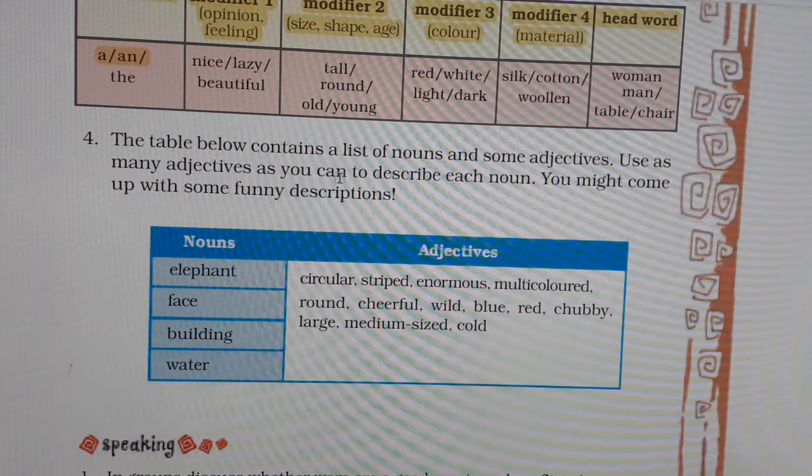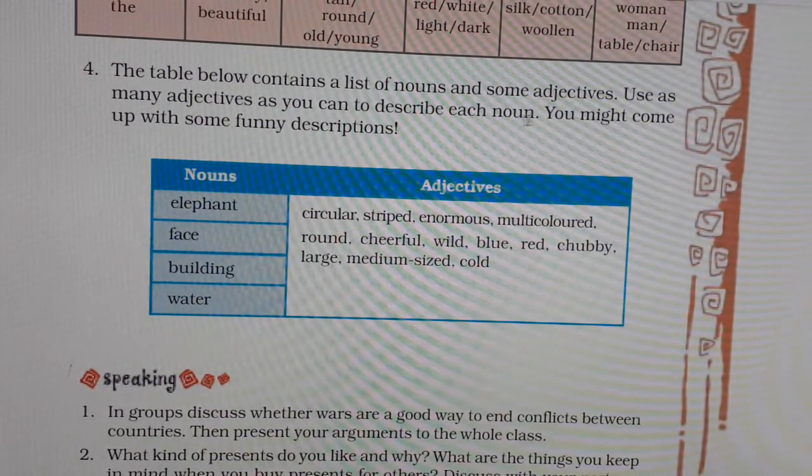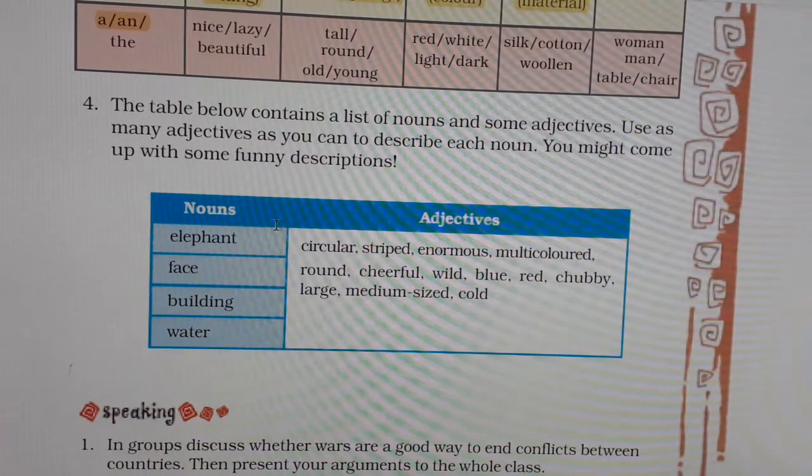The table below contains a list of nouns and some adjectives. Use as many adjectives as you can to describe each noun. You might come up with some funny descriptions. Now, these are all the adjectives for these nouns, that is elephant, face, building, or water. Generally when I am in the classroom, when we have students in the classroom, I make them describe the face of their friend, using all these adjectives.